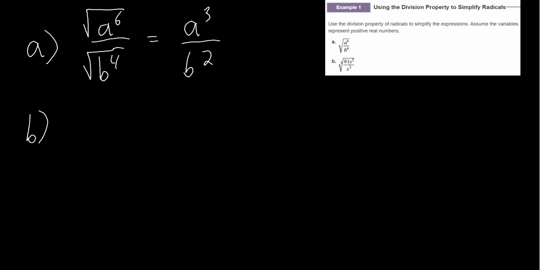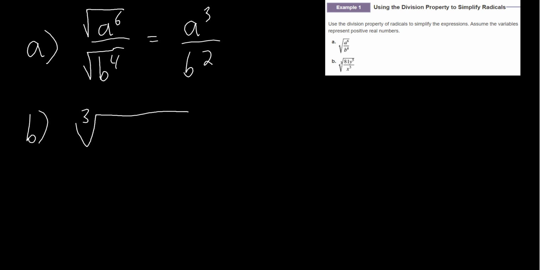Okay, so b is the cube root of 81 y to the fifth over x cubed. Well, let's just go ahead and begin the process of splitting this up. In a previous lecture, I mentioned that it will benefit you to memorize your squares at least to like 10 or 12 or 13 or something like that, and your cubes up to 5. Well, this is one of those cases.